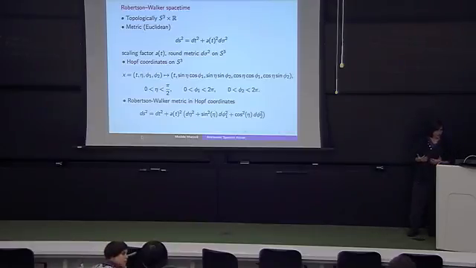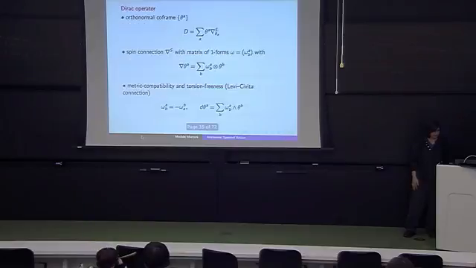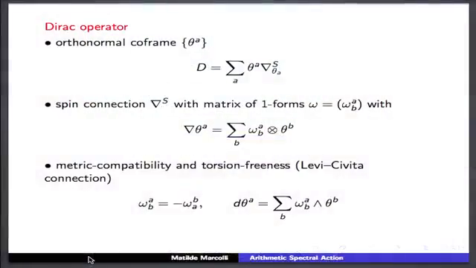You have these angles, and you write down the metric in this form in terms of coordinates. And you can compute, since we're after the Dirac operators and the heat kernel expansion of the Dirac operator, so you write explicitly the Dirac operator for this metric.